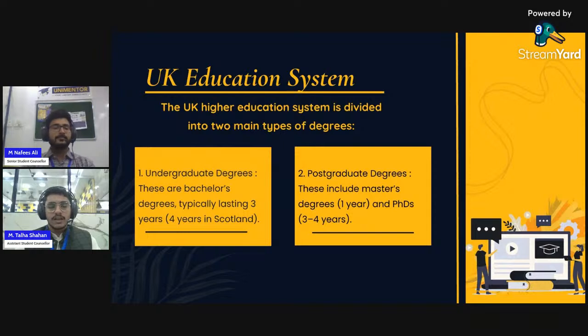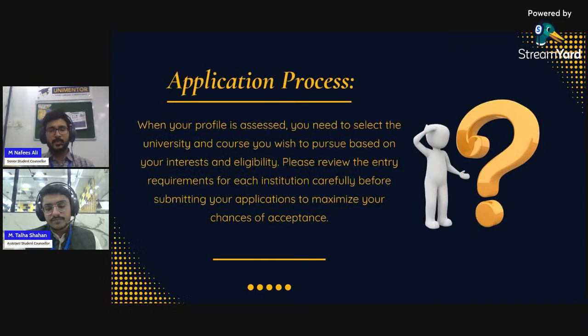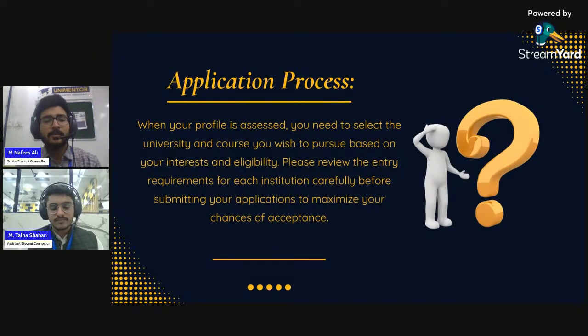So now we'll discuss the application process. It's over to you, Mr. Nafis. Okay, what is the application process? First of all, we collect all the documents from the student, their educational documents and their English proficiency test. After receiving these documents, we assess the profile.